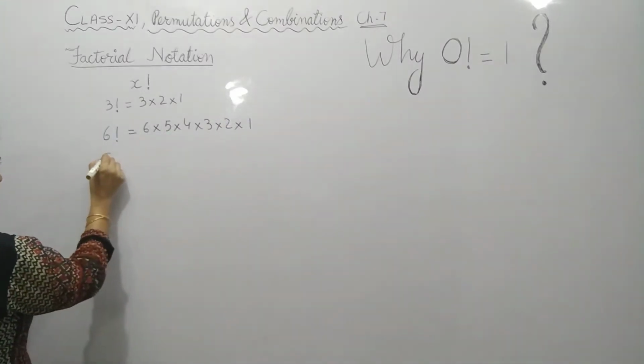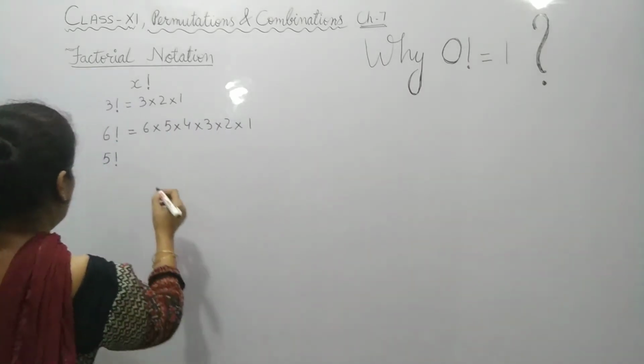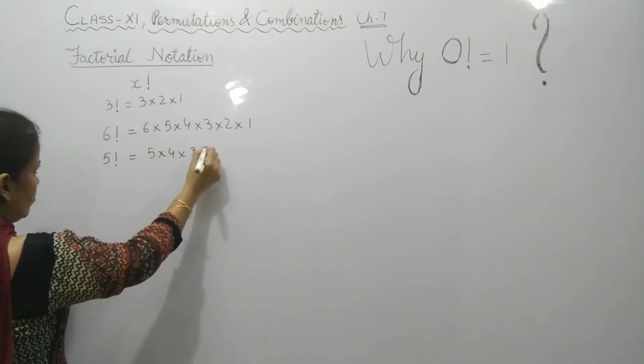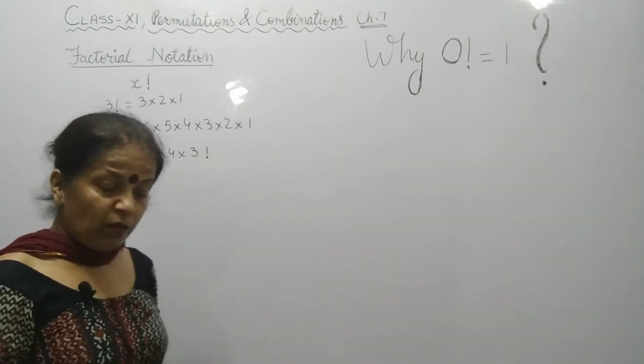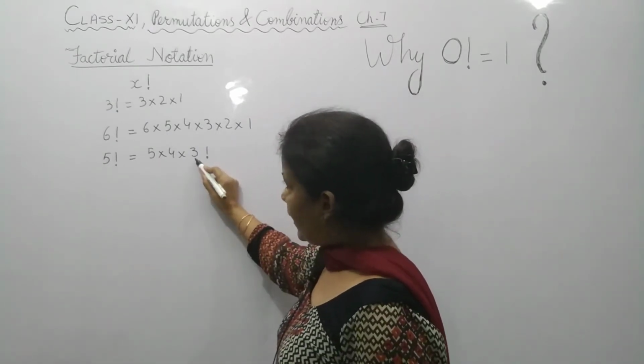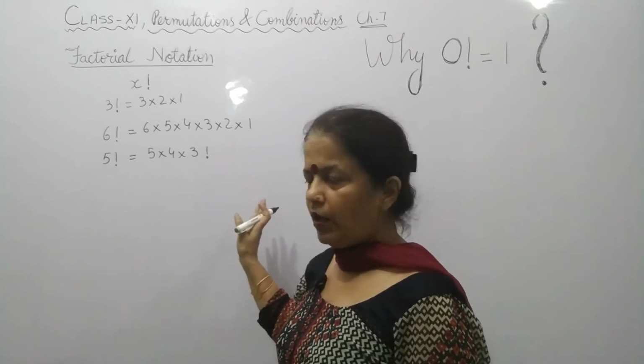Let us take one more number, that is 5 factorial. We can write it as 5 into 4 into 3 factorial also. Isn't it? Because 3 factorial means 3 into 2 into 1, so you will get the same thing.